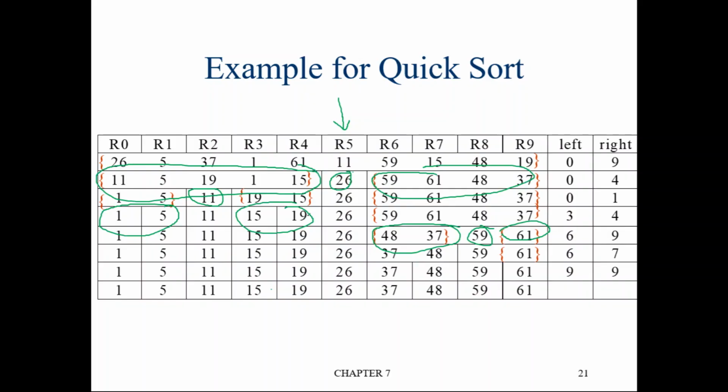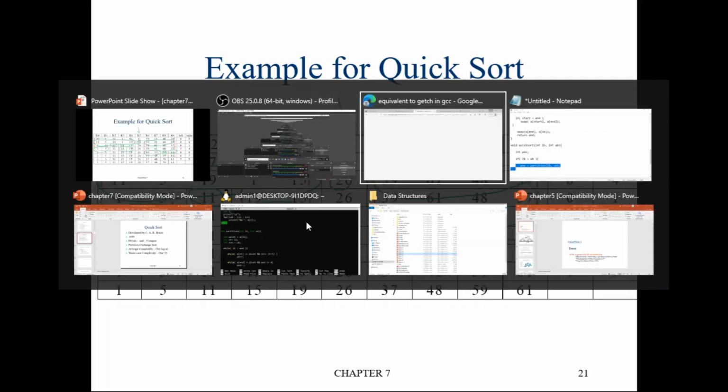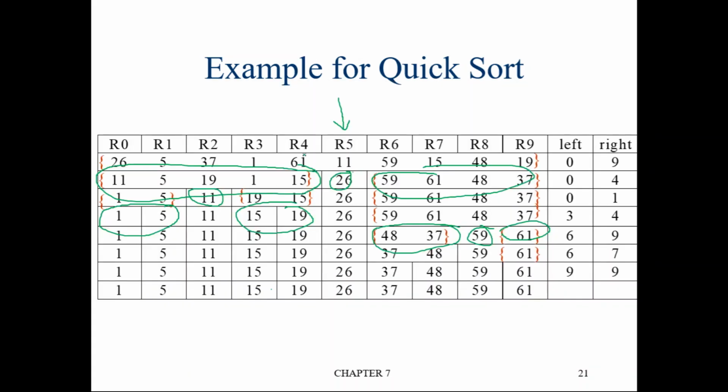So when you call partition for the first time, it will divide the array into two parts. It ensures that the first pivot element, whatever we initially considered as the pivot, appears at the right place.